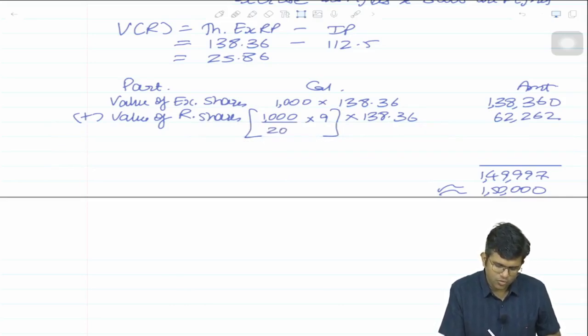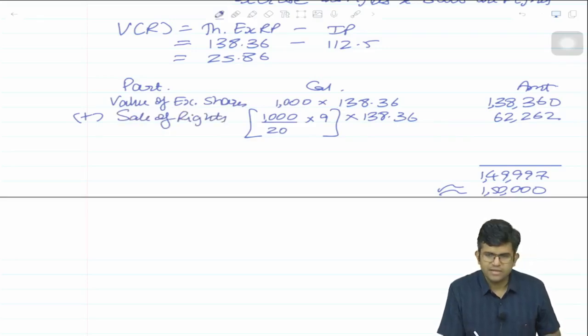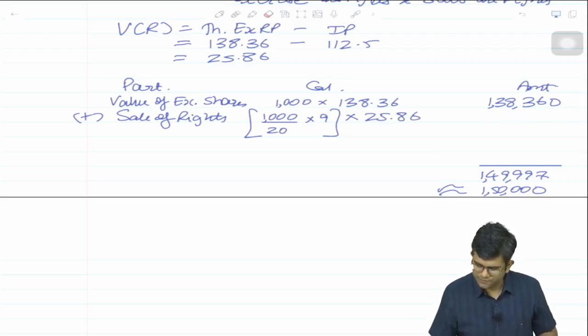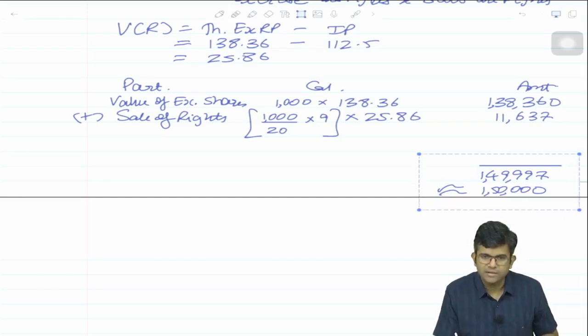In the second row, we will add sale of rights, and these 450 rights that you are going to get, I will sell at 25.86. I am not going to buy the shares or anything. So the calculation is 450 into 25.86, and that comes to 11,637. Can you please tell me how much is it total? Same answer?